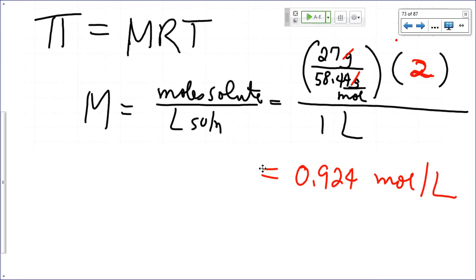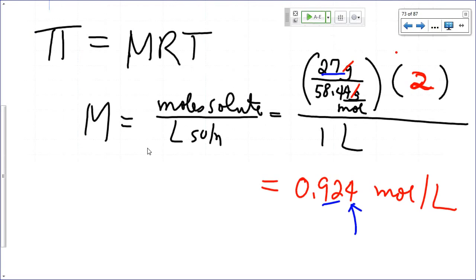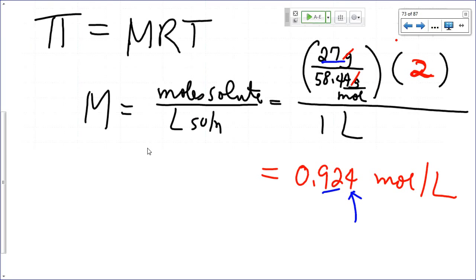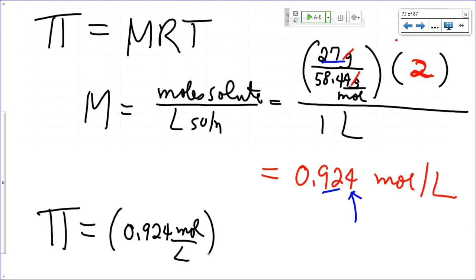Now, how many sig figs do I have here based on the given? I should only have 2 sig figs, right? So it's 0.92. I'm just keeping that extra digit there since this is an intermediate step in the calculation. So our osmotic pressure is molarity, which is 0.924 moles per liter, times R times T. What is R and what is T?